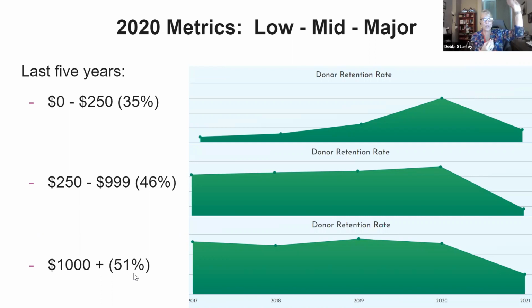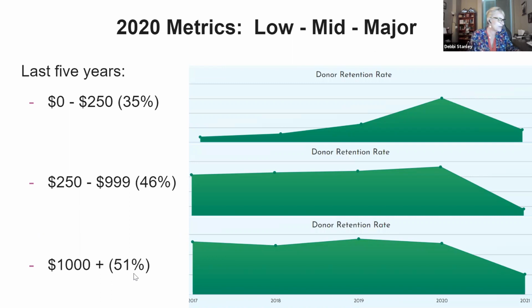Conversely, you could lose a couple of big donors and it makes all the difference in the world. So really, understanding how you match up against the reports can really help.